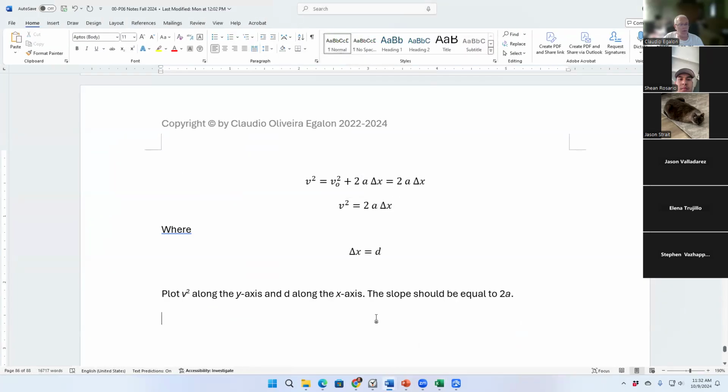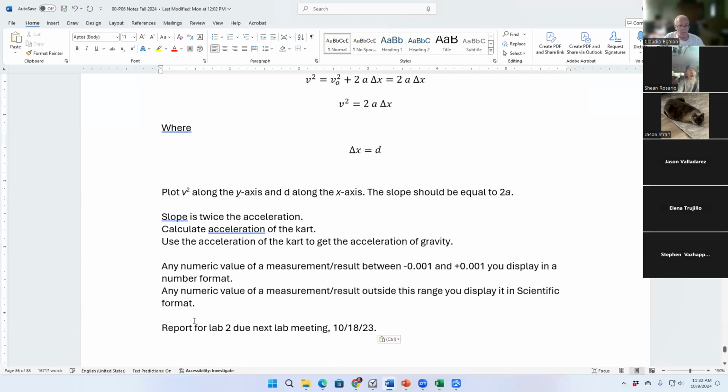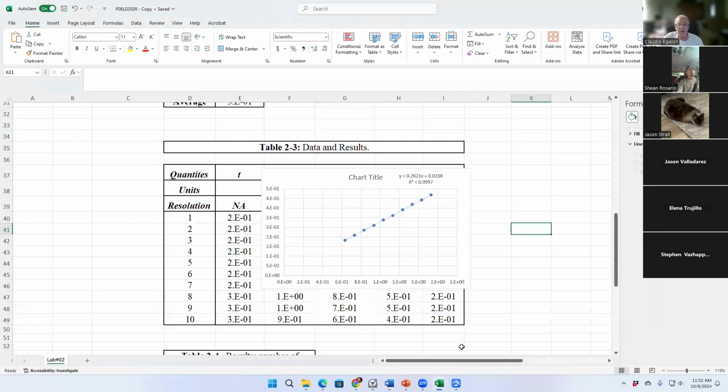Okay, plot v square along the y-axis and d along the x-axis. Like I said before, slope is twice the acceleration. Calculate the acceleration of the cart. And how do we calculate the acceleration of the cart?